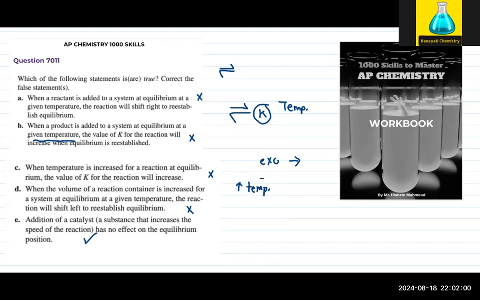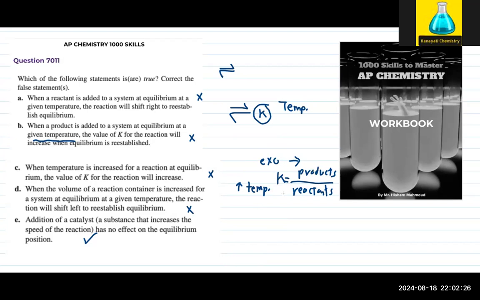The forward reaction is exothermic, so it will move in the backward direction towards the endothermic, and the reactants will become more than the products. This means that the value of K, which is products over reactants, has an increased denominator. So the value of K is decreased, not increased.